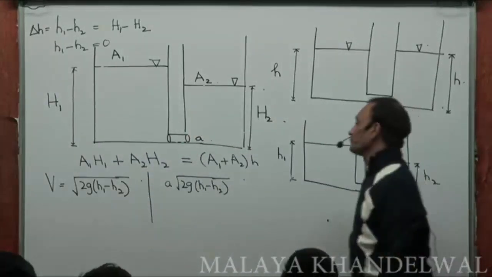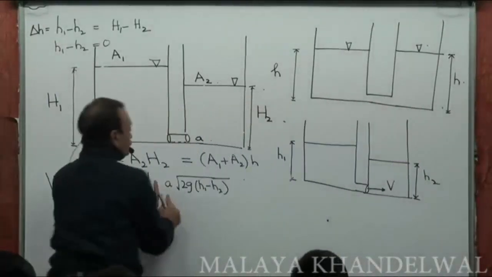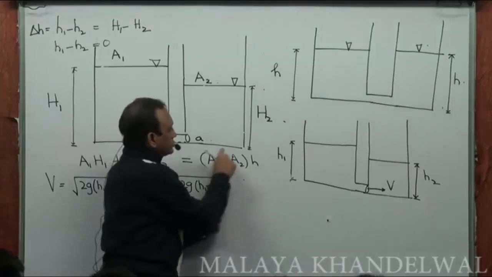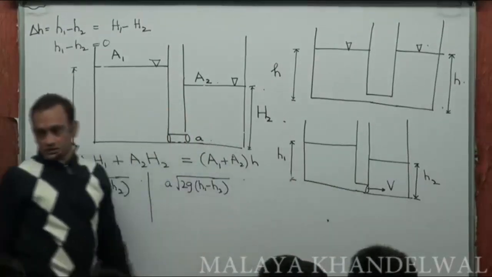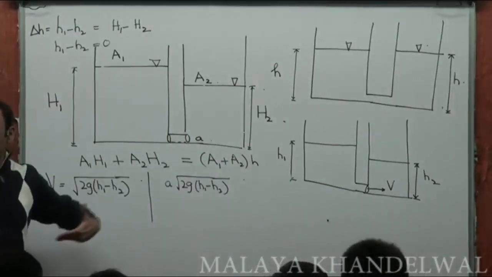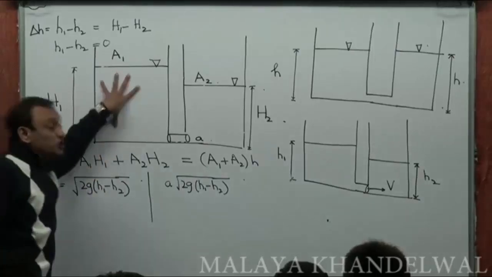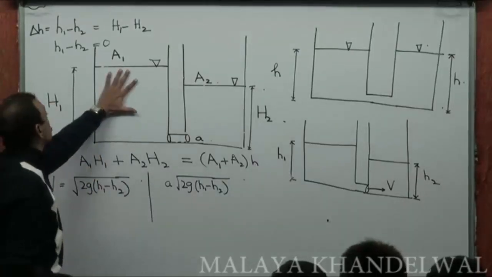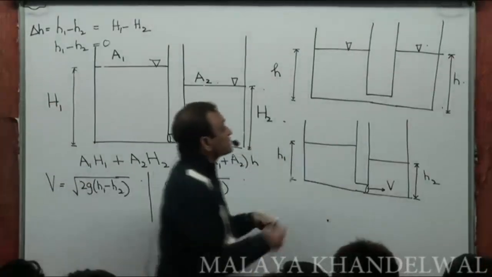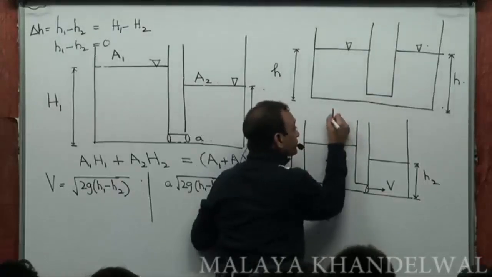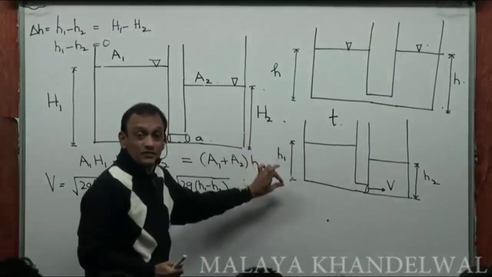Now, if this is the volume flow rate across this small orifice, cubic meters per second, then at this instant, let's say this is an intermediate instant t, h1 is decreasing with time.